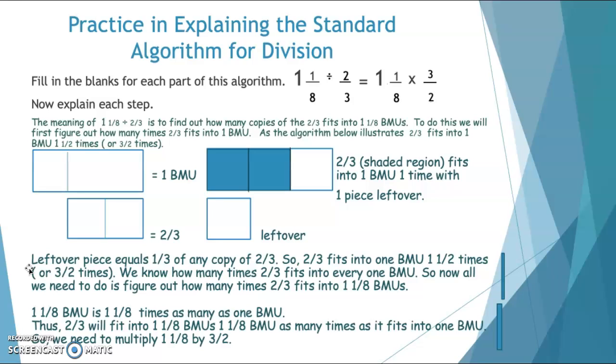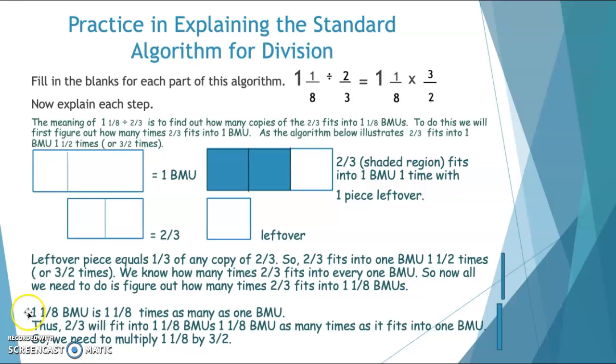So 2/3 fits into 1 BMU 1.5 times, or 3/2 times. We now know how many times 2/3 fits into 1 BMU, basic measuring unit. So now all we need to do is figure out how many times 2/3 fits into 1 1/8 BMU.